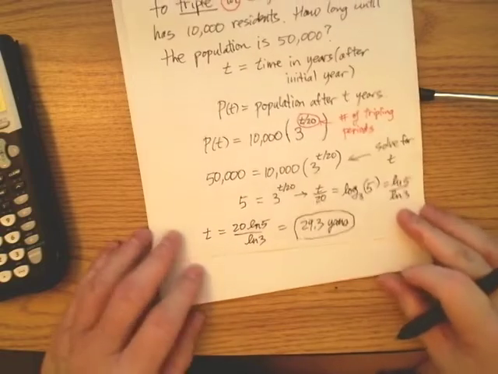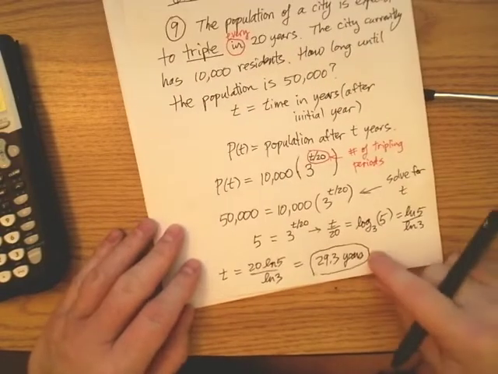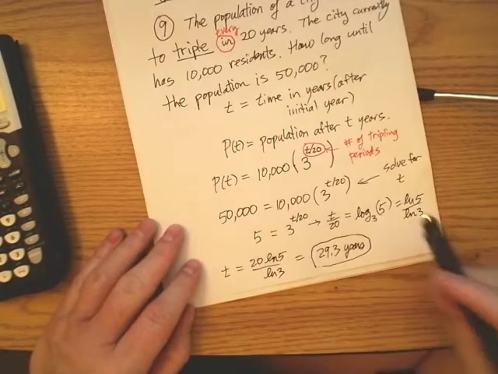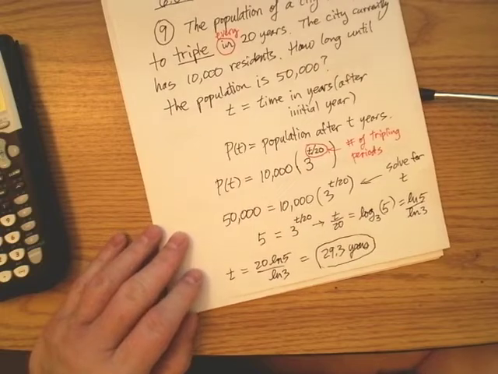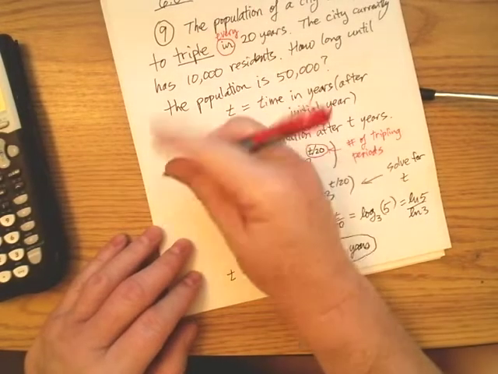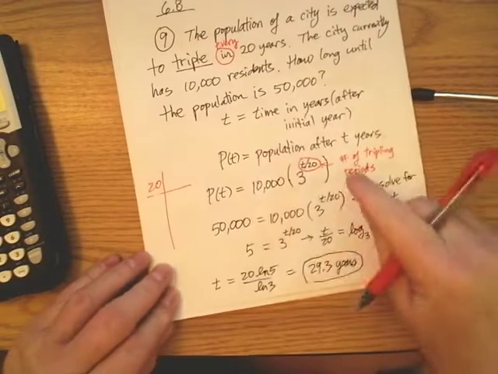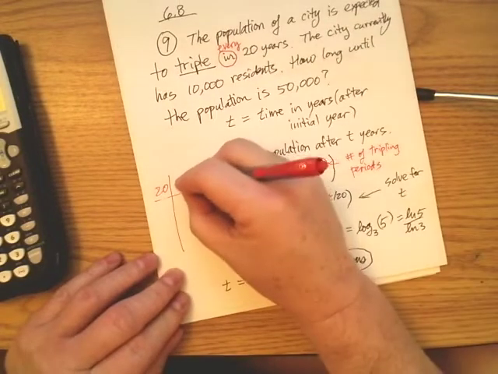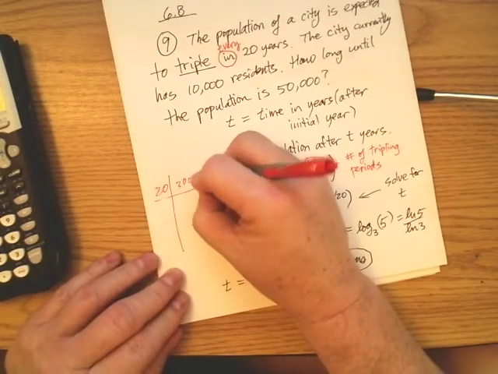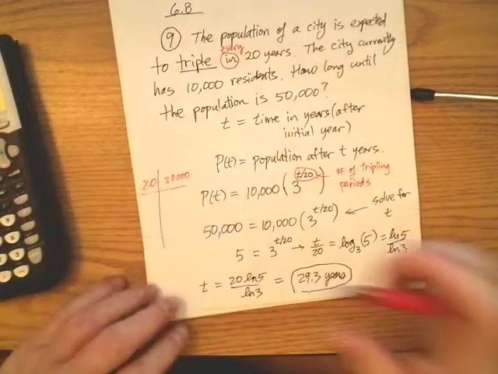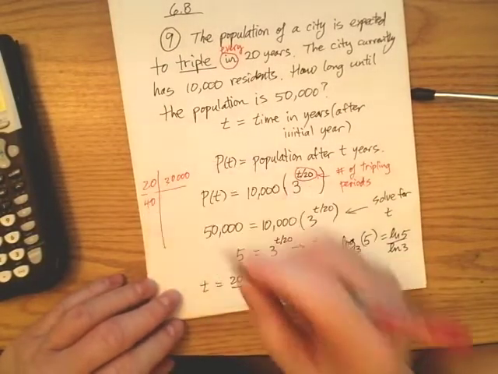Now, after you're done here, go ahead, maybe a quick double check. Does this seem like a reasonable answer? What would happen in 20 years? Just as a double check here. In 20 years, you would have the population tripled. So that would be 30,000, right? In another 20 years, in 40 years, you would have it tripled again.